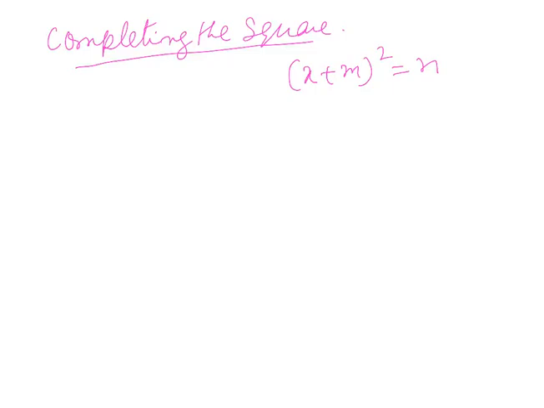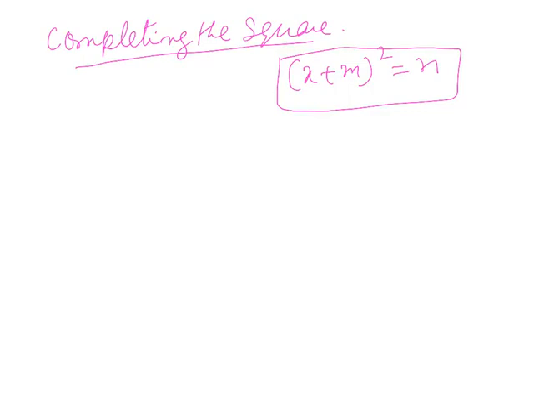We can take the square root on both sides and get x plus m is equal to plus or minus square root of n. Any quadratic equation can be changed to this form. That is our purpose in completing the square.